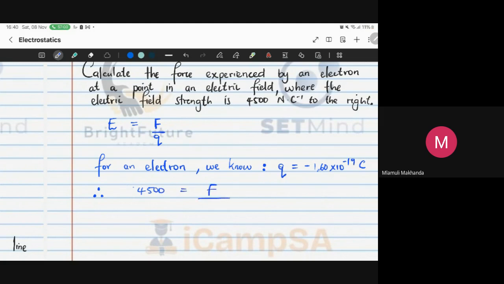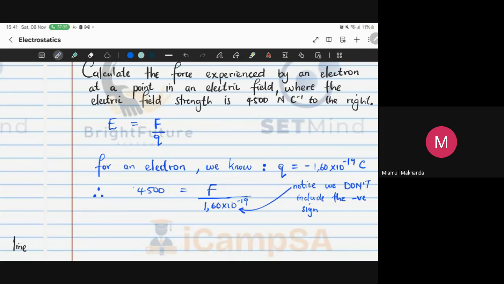F over Q. It's very important, that one.